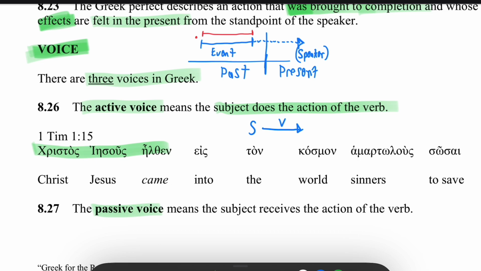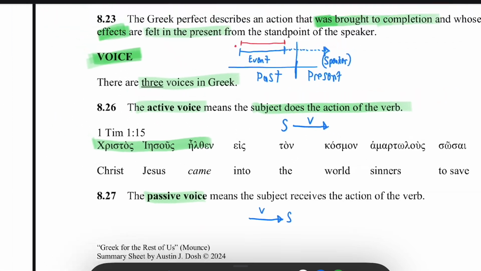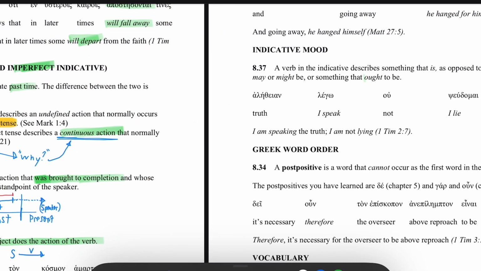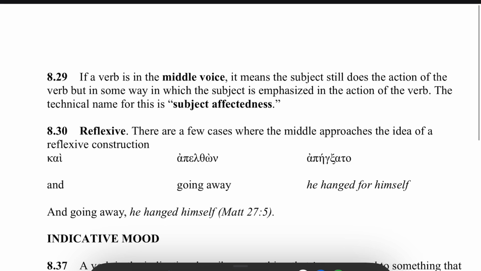The passive voice means the subject receives the action of the verb. So in this case, you have verb and subject is actually being acted on. Now, in the middle voice, which is the third voice in Greek, it means the subject still does the action of the verb, but in some way, the subject is emphasized in the action of the verb.